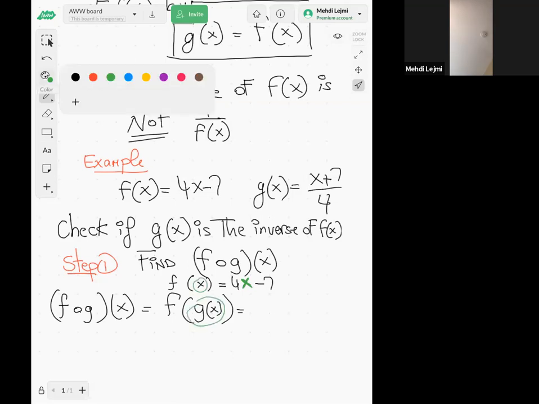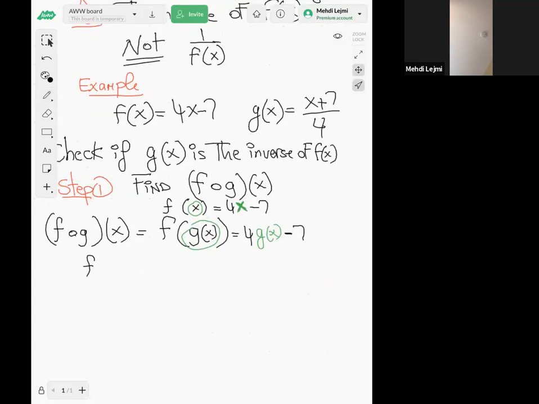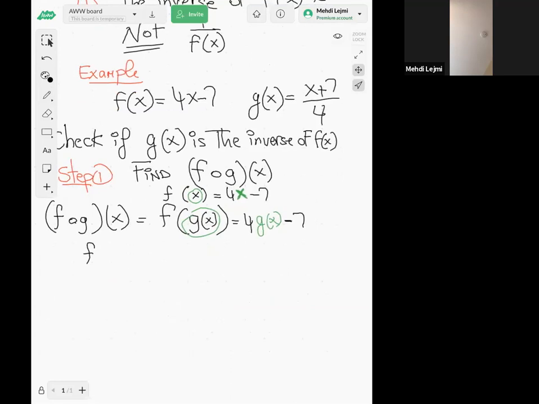So it's gonna be 4 times g of x, and then minus 7. So this is f composed with g of x. It's gonna be 4 times g, which is (x plus 7) over 4, and then minus 7.